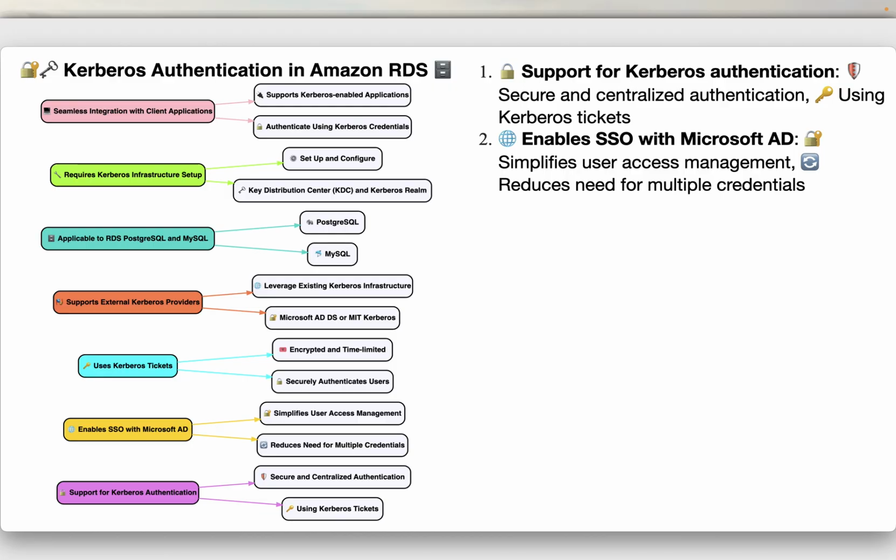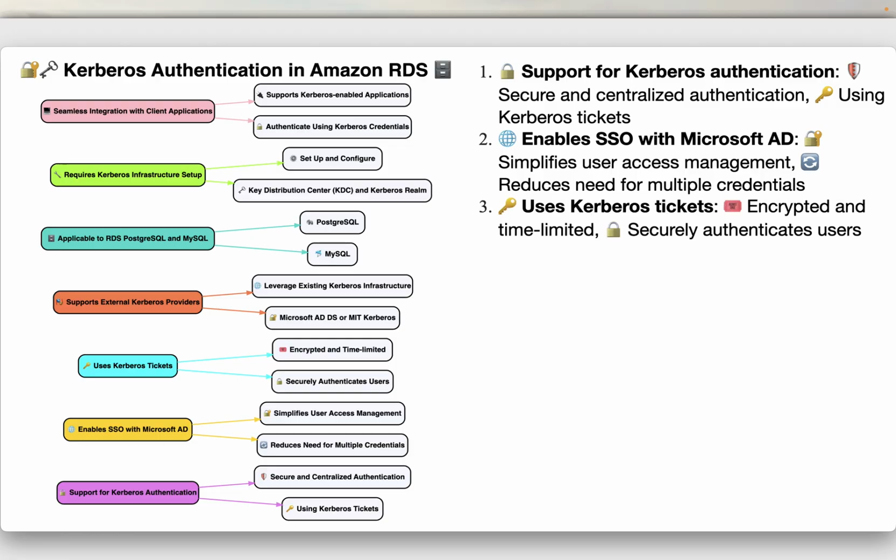Kerberos authentication in Amazon RDS enables single sign-on with Microsoft AD, simplifying user access management and reducing the need for multiple credentials. Third, use Kerberos tickets for secure authentication. Kerberos tickets, which are encrypted and time limited, help you securely authenticate users and grant access.